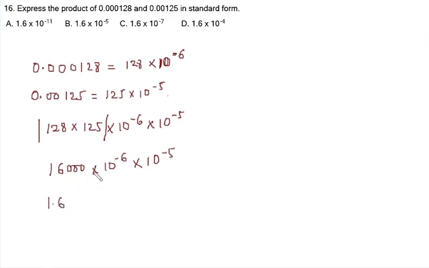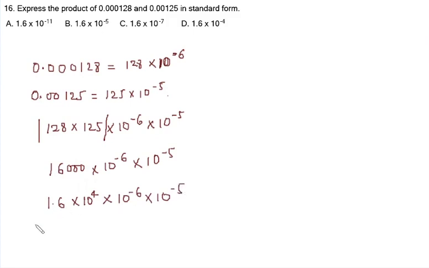Because I'm moving the point from the right to the left, it is now times 10 to the power of 4. If I'm moving the point from the left to the right, it is negative, counting in negatives. But if I'm moving the point from the right to the left, it will be counting in positives. So this is times 10 to the power minus 6 times 10 to the power minus 5.